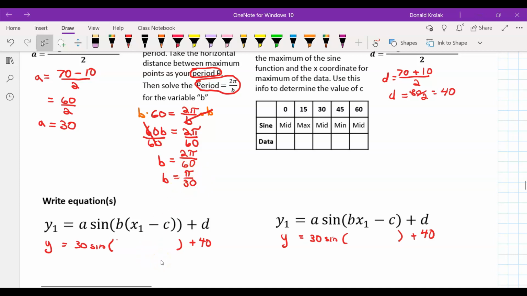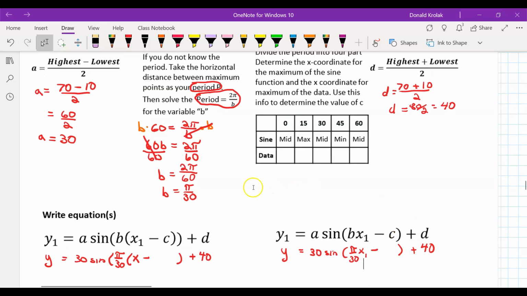Now I can put that here. And now all I need is the phase shift.